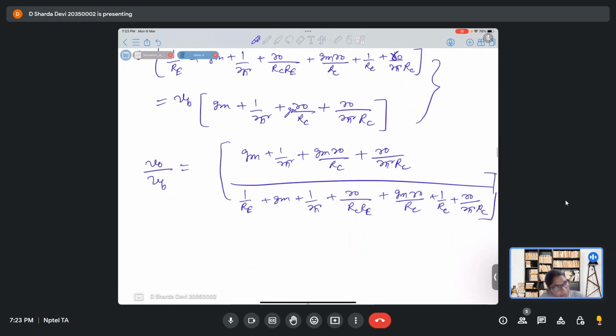Should we further simplify this? Rc, R pi.